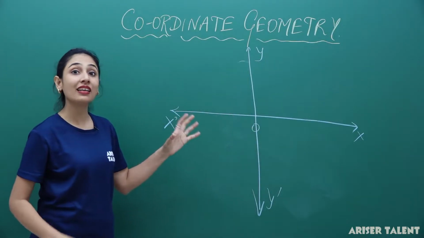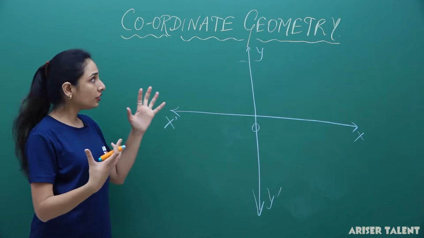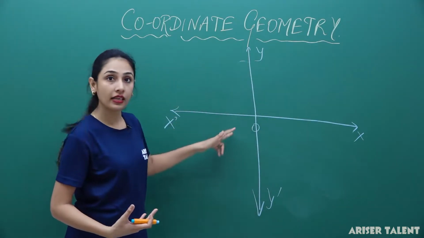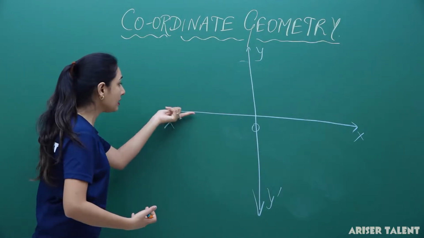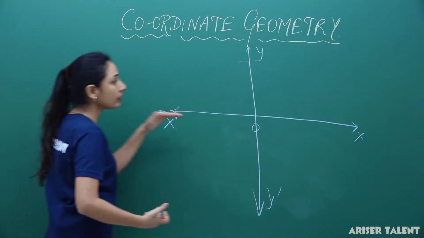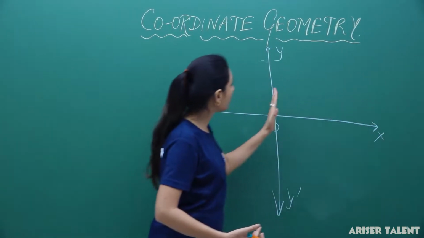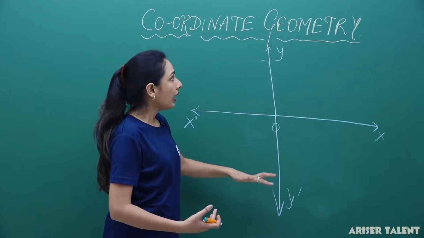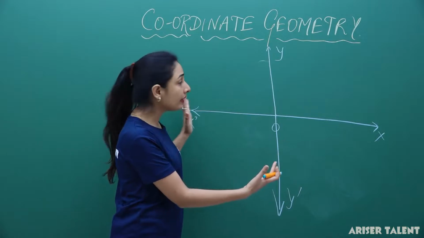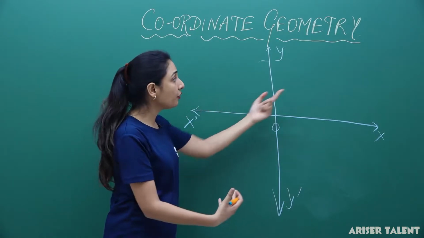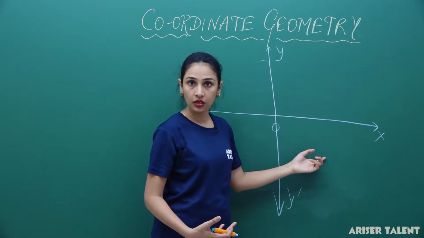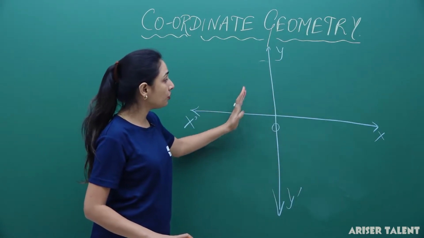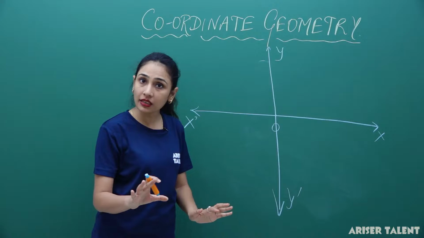Combined they were making a Cartesian system. Did you realize this is a ray and this is a ray too, that means it continues right there, and it continues upside and downside. That means this green board is divided into 4 compartments, right? 1, 2, 3, 4. So 4 compartments are there.